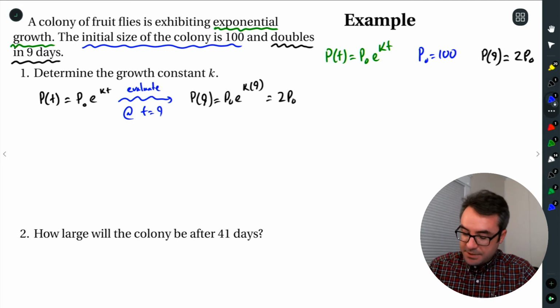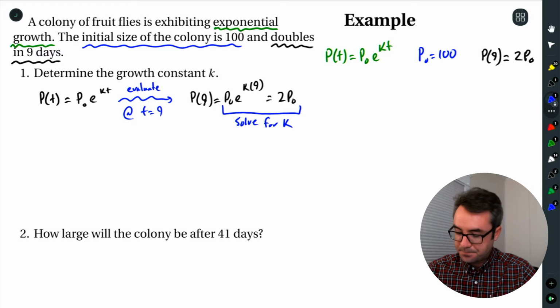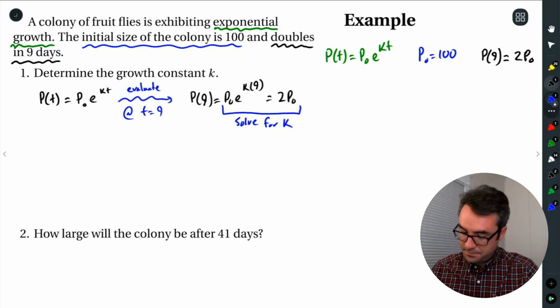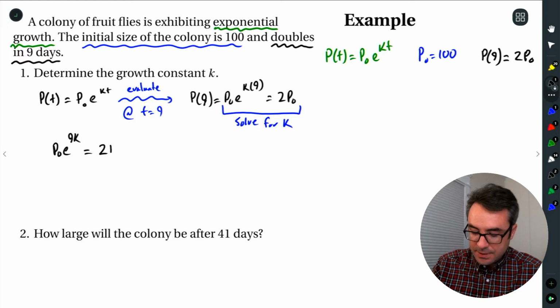So we set that equal. What this does is give us an equation that we can solve for k. And that's what we do. We solve that equation for k. So let's set it up: P of 0 e raised to the 9k is going to be equal to 2 times P0.